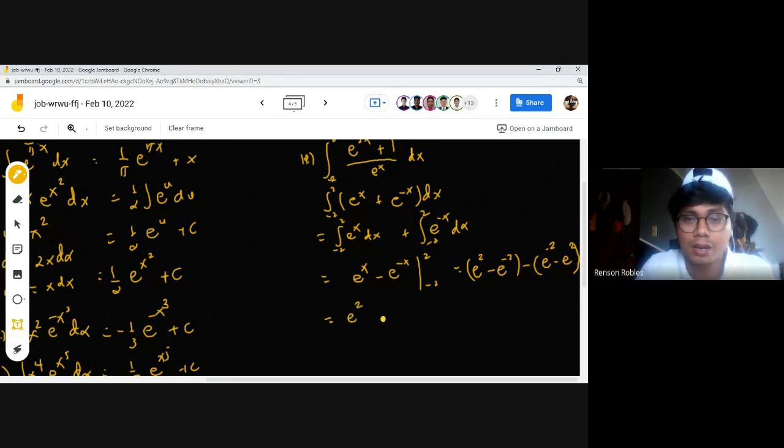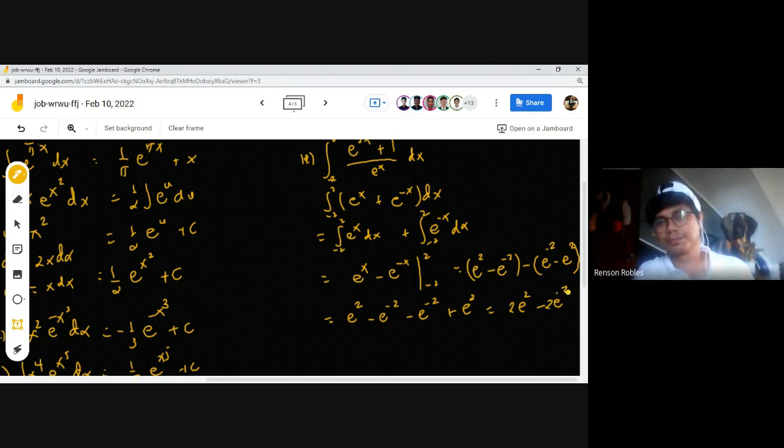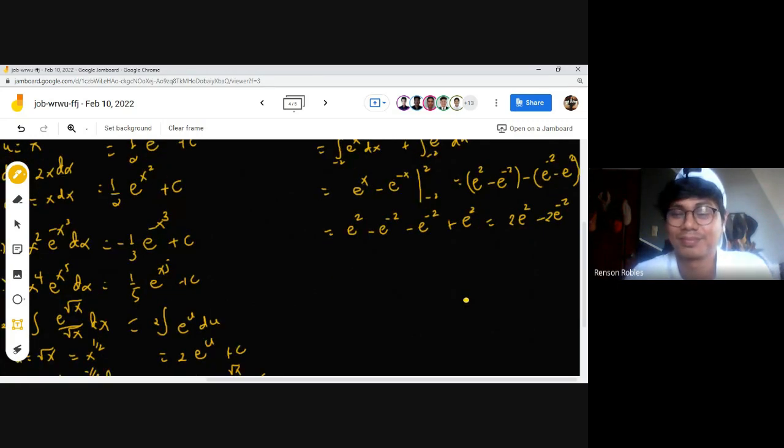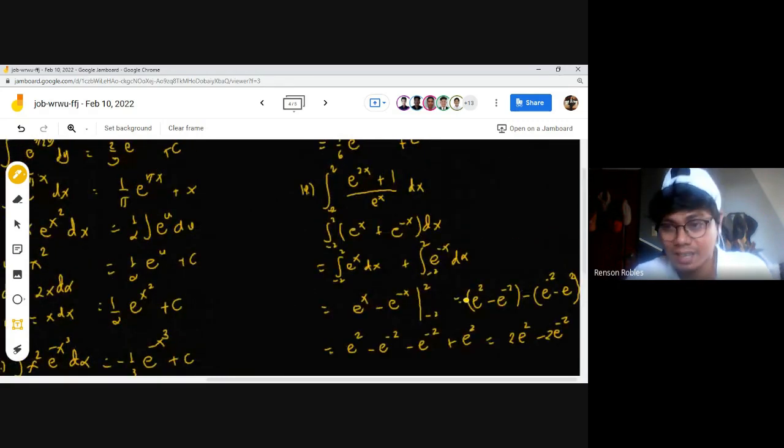E square minus e to the negative 2 minus e to the negative 2 plus e square. So you have 2e to the 2 minus 2e to the negative 2. So that's the value of the integral of e to the 2x plus 1 all over e to the x from negative 2 to 2. All right? Okay.